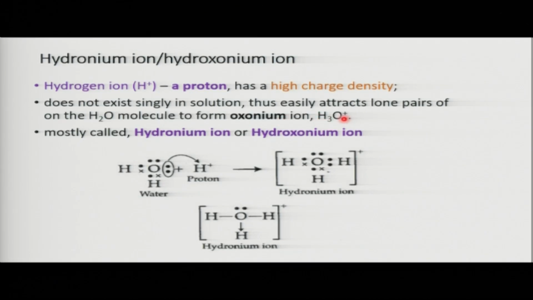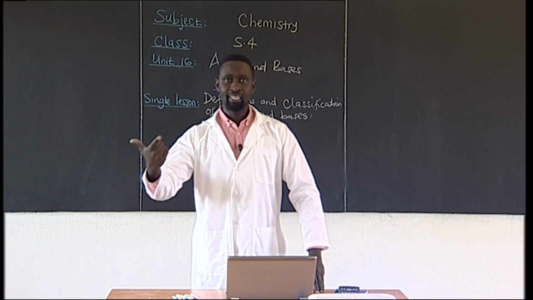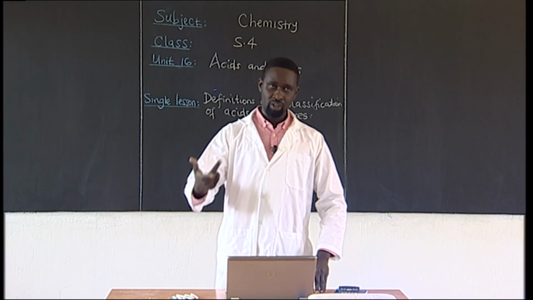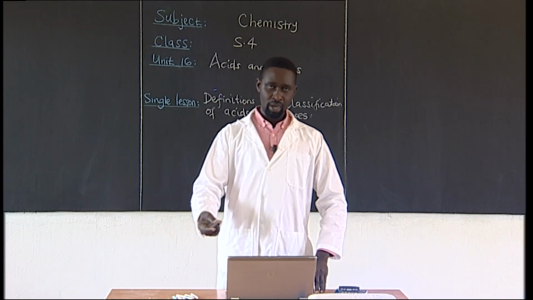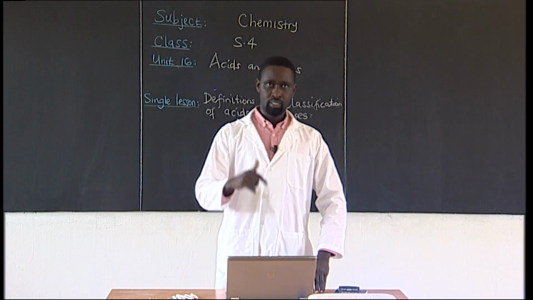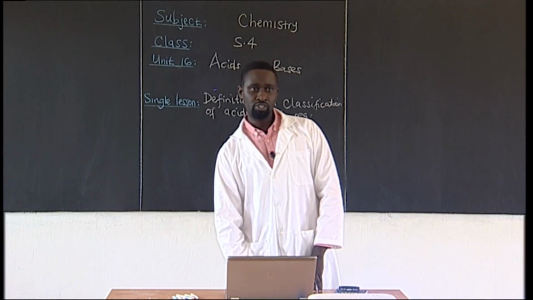So if we use this structure, or we use hydrogen ions, exactly we mean this molecule, the hydronium ion. That is the one key term defined now. So when we're talking of hydronium ion, oxonium ion, hydrogen ion, we are synonymously referring to this structure.